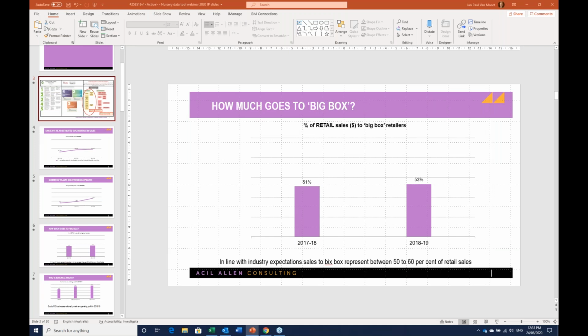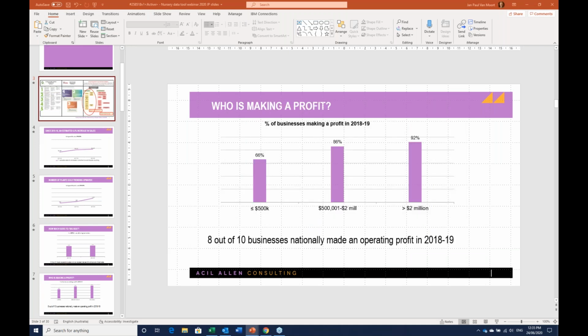There's a minor increase, but it's still lying between that 50 and 60% mark. And finally, on the number of businesses that are making a profit, it looks like the larger ones are making a higher profit, but on the whole, even in the smaller businesses, 2/3 are making a profit year on year.